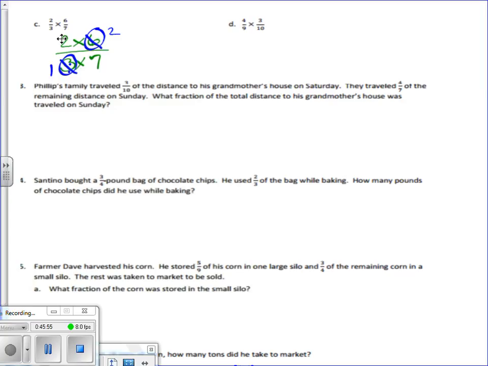Do 2 and 7 have anything in common? No. 2 times 2 is 4. 1 times 7, 7. Now I don't have to simplify. Now you can just multiply it, but you'd be left with 12 over 21. And you would have to simplify that.